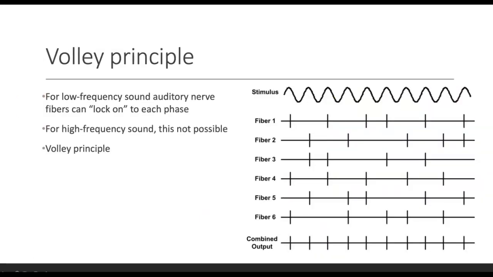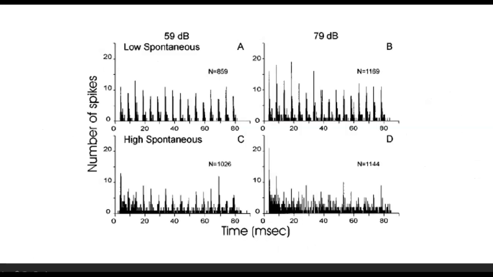The volley principle: when a signal frequency gets higher, each individual nerve fiber cannot fire quickly enough, but as a whole, all of the fibers can be combined and then accurately represent the phase of this signal, okay? So for higher frequencies, you have to incorporate numerous nerve fibers to keep up, if you will.